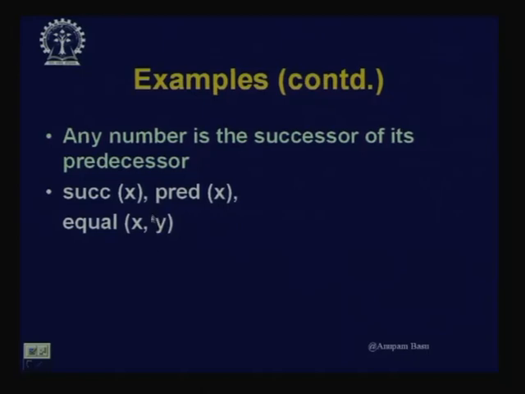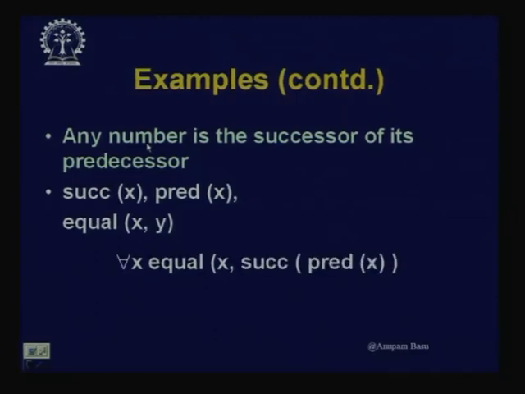Now, using these three predicates, I would like to express this English sentence, any number is the successor of its predecessor. How can I do it? For all x, equal x successor predecessor x.